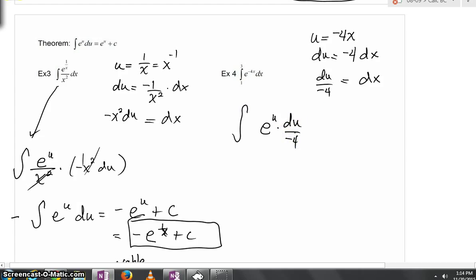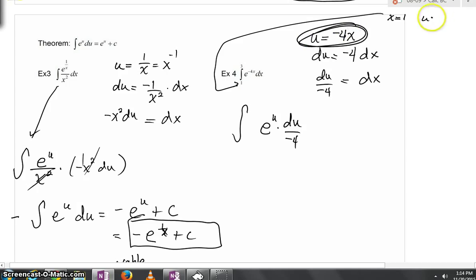But my boundaries, those lower bounds and upper bounds, have to be adjusted. The 1 and the 3 are actually x values. So with this in mind, when x is equal to 1, and that's what we're seeing on the very lower bound, u is negative 4 times x. That's our substitution.